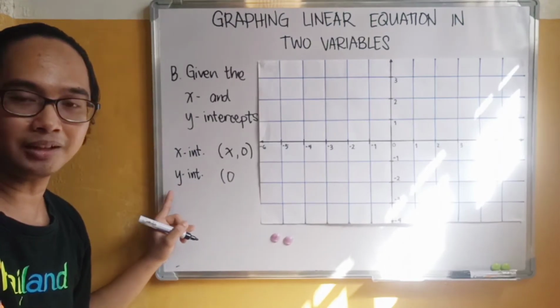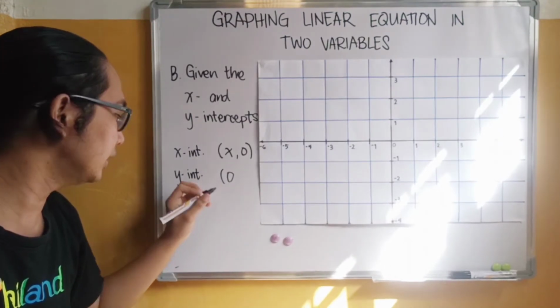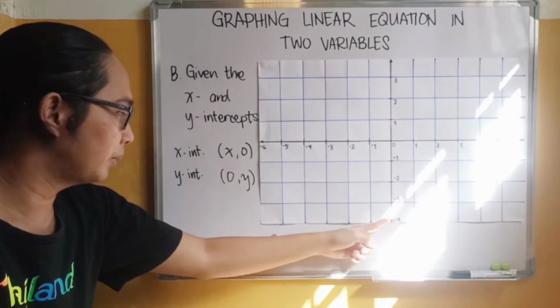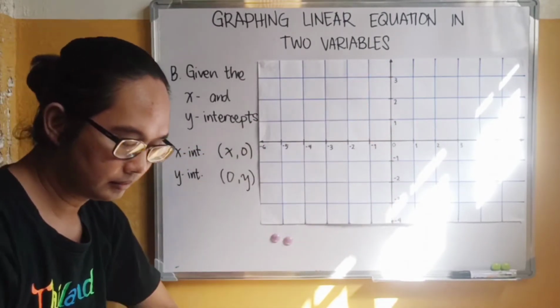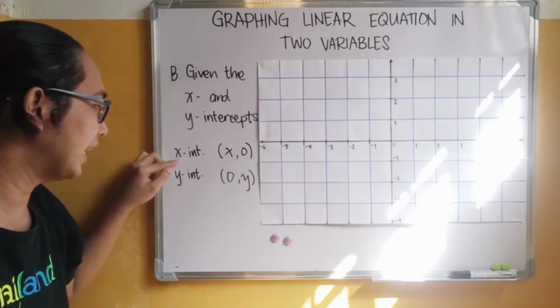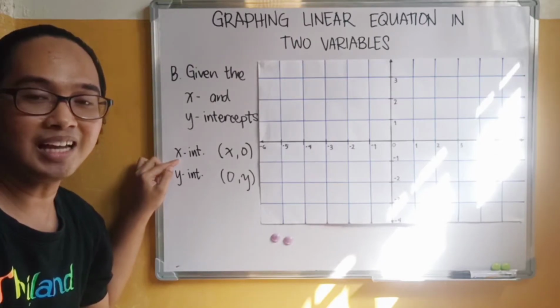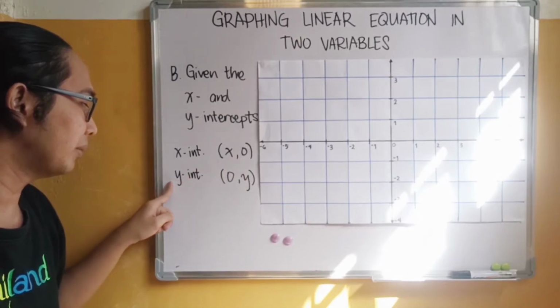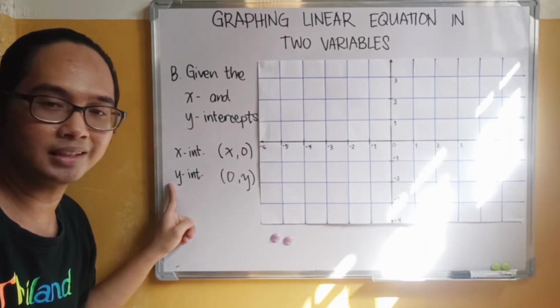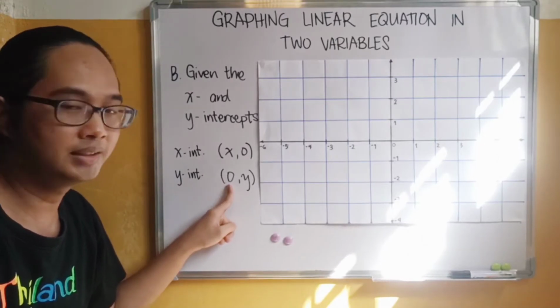Pag sinabi naman natin y-intercept, we are going to use this 0, y. Kapag pinat natin ito ay along y-axis. Ito ang pinakatatandaan kapag hinahanap natin si x-intercept, ang i-assign nating value kay y ay 0. At kapag hinahanap naman natin si y-intercept, ang i-assign natin na value kay x ay 0.